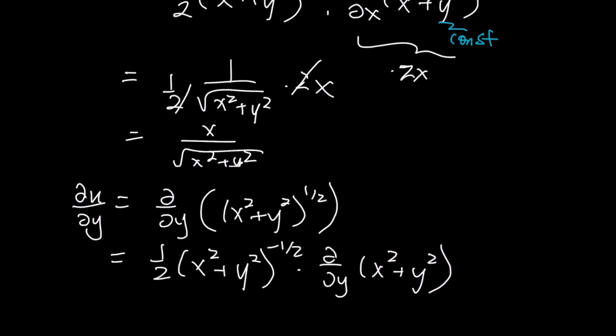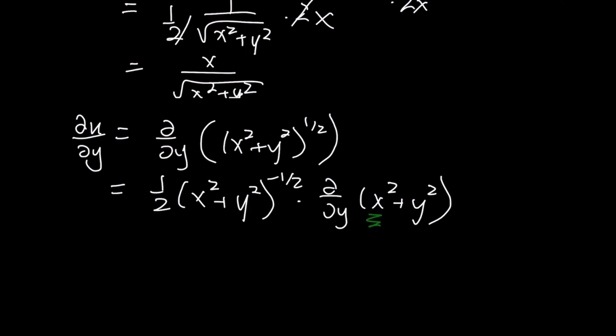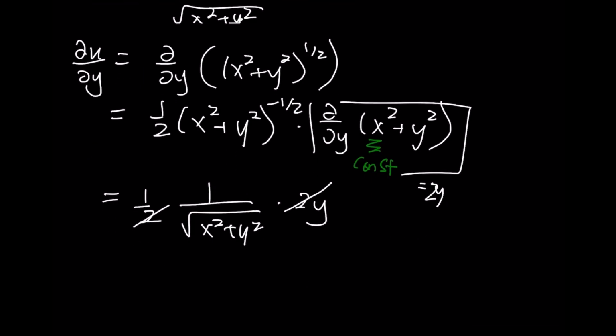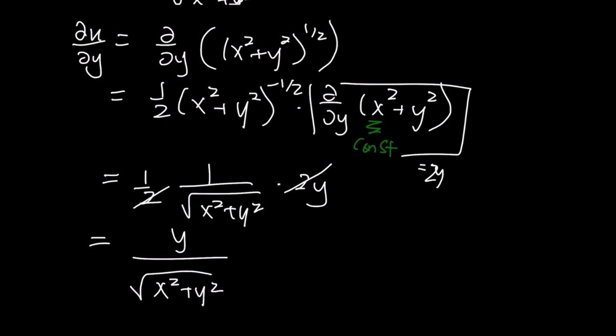Now, just like before, x squared is a constant with respect to the variable y. And at the end of the day, this expression will just end up giving me a 2y. So I'll have a 1/2, 1 over the square root of x squared plus y squared, times a 2y. The 2's will go away, and I will now have y over the square root of x squared plus y squared. Now, when it comes time to second derivatives, we need to go a little further.